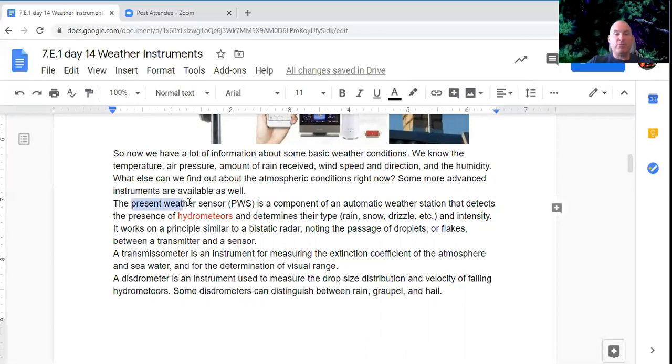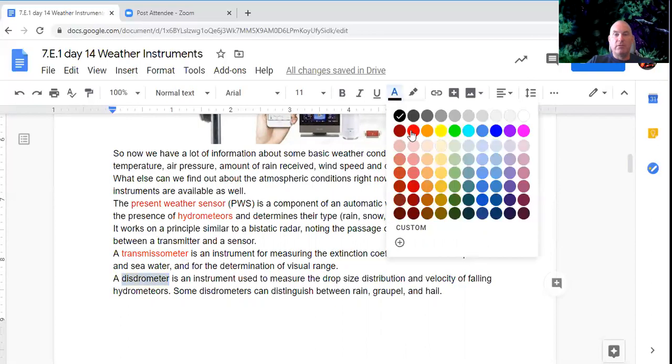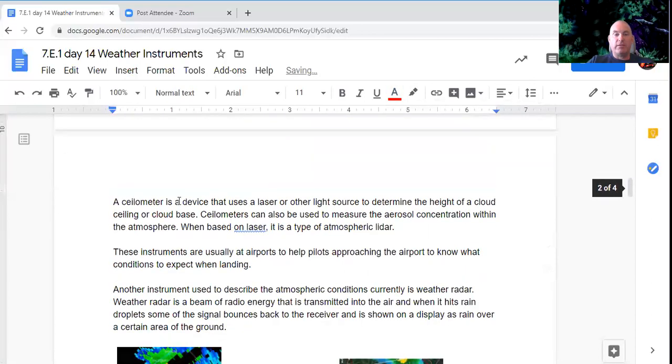So we have the present weather sensor, present meaning current, right? We have a transmissometer. We have a disdrometer. And a ceilometer.